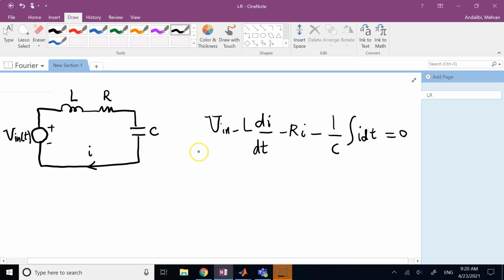And now, if you want, you can take a time derivative from both sides, correct?